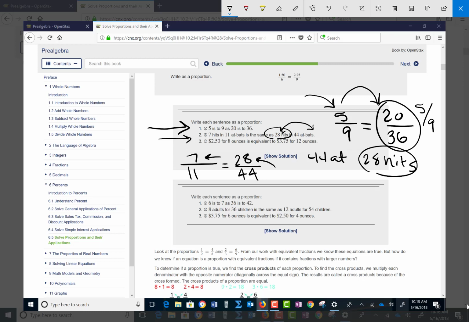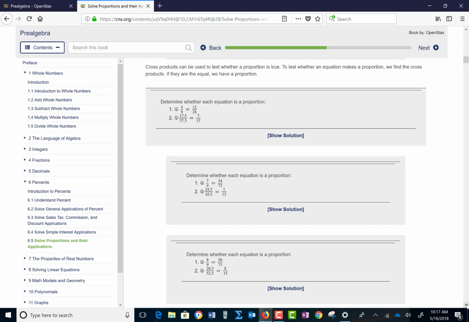So you want to pay attention to the words and don't just pounce on the first number that you see and put it on the top. If they have words with them, you want to make sure that you're consistent. So again, you might want to pause the video and pull up your book and make sure that you can actually do these problems.